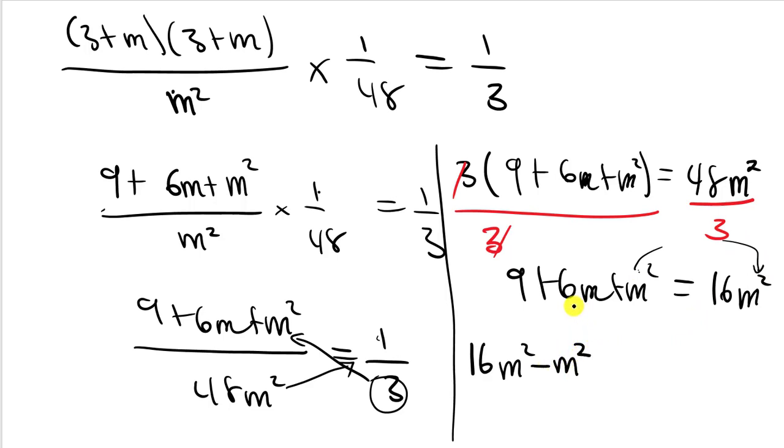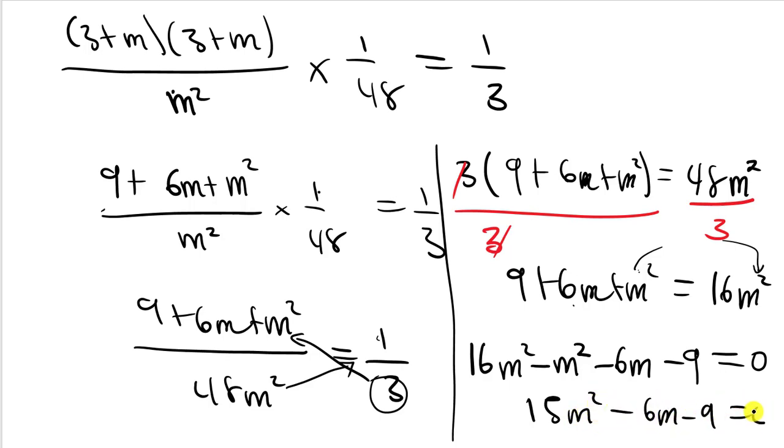You shift the 6m to the other side, so it becomes minus 6m. You shift the positive 9 to the other side, so it becomes minus 9. And everything will be equal to 0. Now this is going to give us 15m squared minus 6m minus 9 being equal to 0. We have our quadratic equation. So let's try solving this particular quadratic equation.